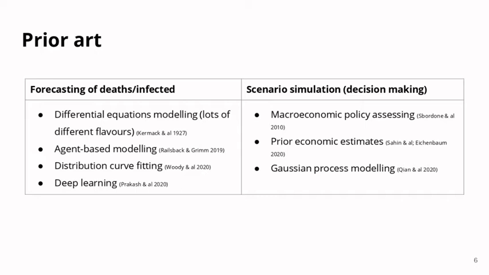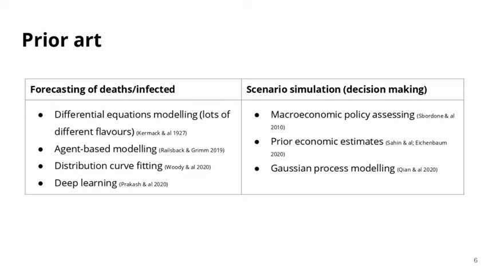And we can also find some classical statistical curve fitting and, more recently, deep learning models. In terms of scenario simulation, the decision-making process is understood mainly as the economic approach, where the planning agent is trying to set, for example, a fiscal policy or an interest rate by the central bank, etc. Some of those studies have included, for example, the number of new cases in order to do that.